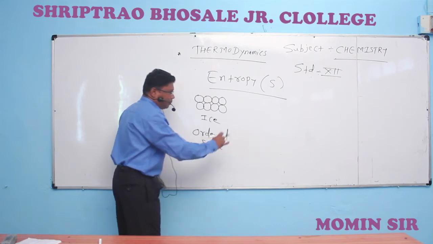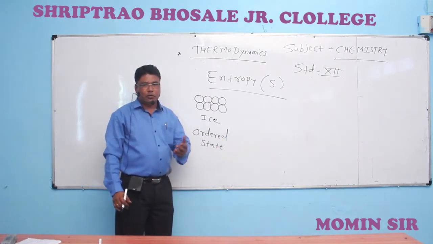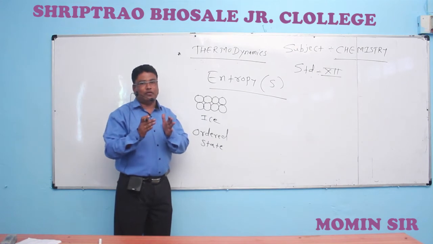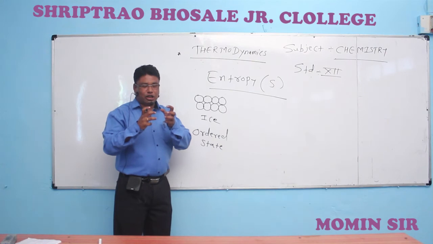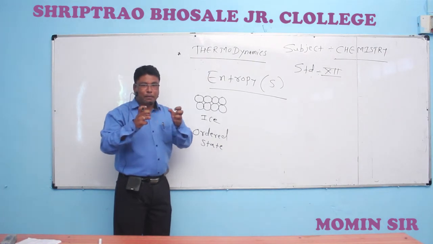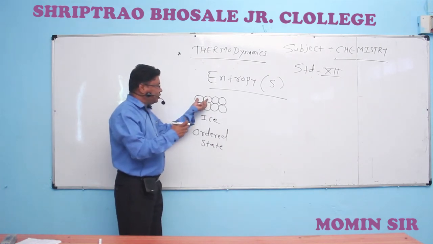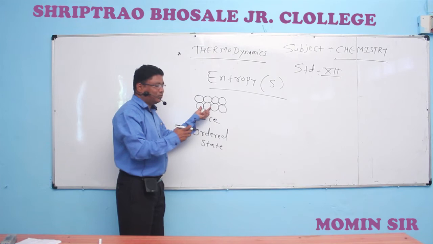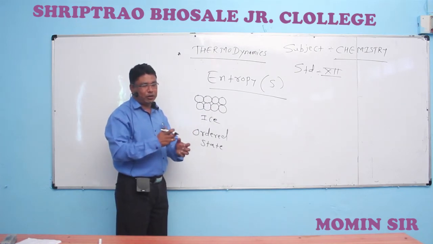You know that in 11th standard we studied the most important point of difference between solid, liquid and gas. In solid, particles are closely packed, or the attraction between the molecules in solid state is very strong. That is the first important point.